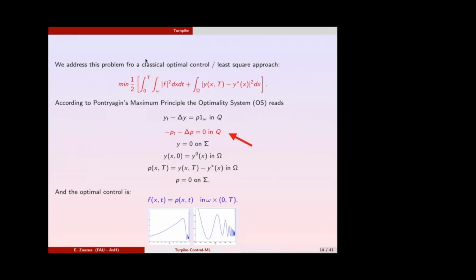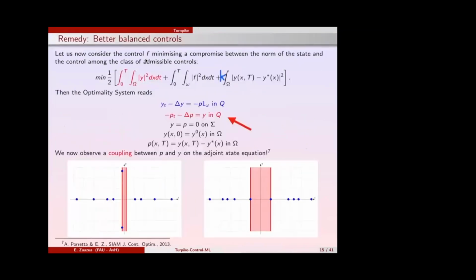So what we said, if we really want the P equation not to be completely independent of the Y, what we have to do is to not only penalize the control and the distance to the target, but also penalize the amplitude of the trajectory, right? And you could say, well, the minimization problem looks the same.